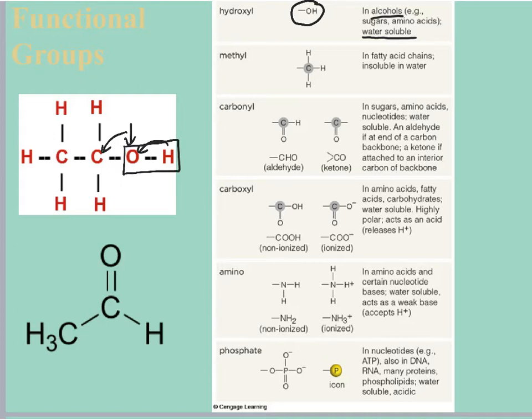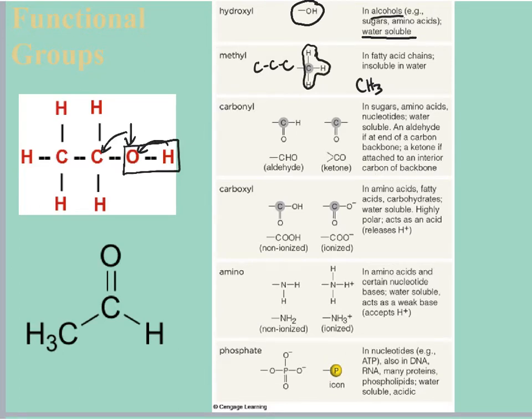There's also what we call a methyl group, and a methyl group would be written like that, and what they're not showing you is the carbon chain. So you might have a whole carbon chain, and then at the end you have a carbon bonded to three hydrogens.